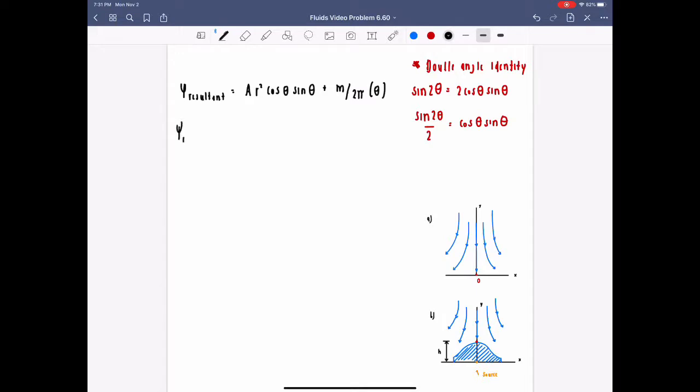Psi resultant is equal to a over 2 r squared sine of 2 theta plus m over 2 pi times theta, and this is our stream function relating these two potential flows in which we can relate them to one another.